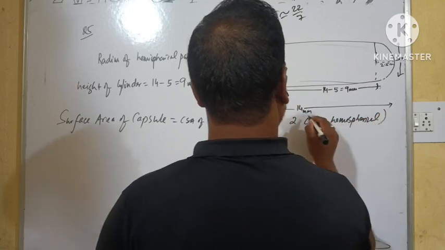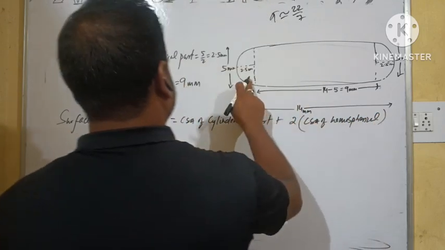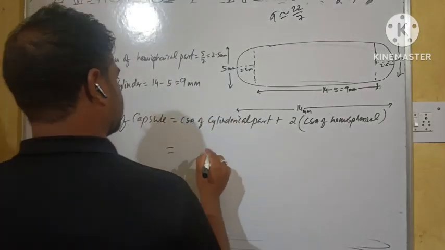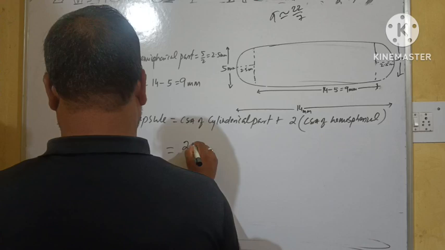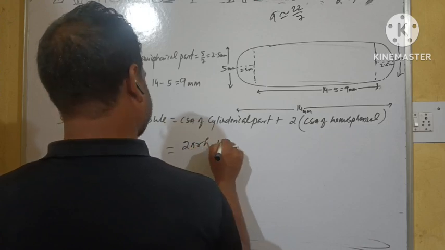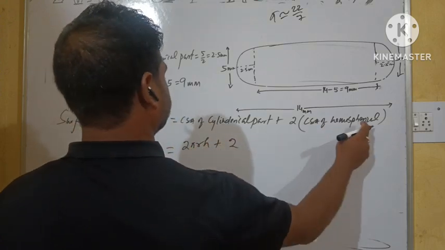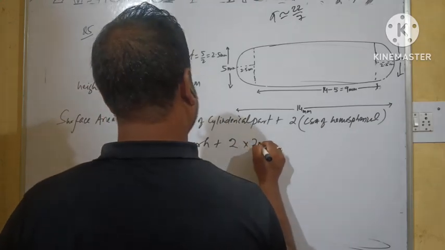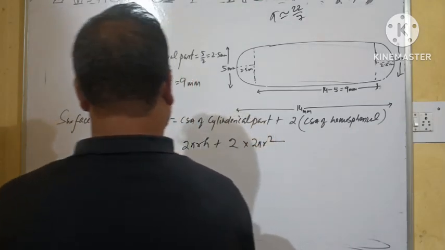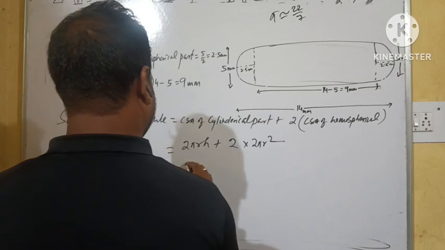The curved surface area of a cylindrical part is 2 pi r h, and 2 into the curved surface of a hemispherical part is 2 into 2 pi r square. Then 2 pi r h plus 4 pi r square.